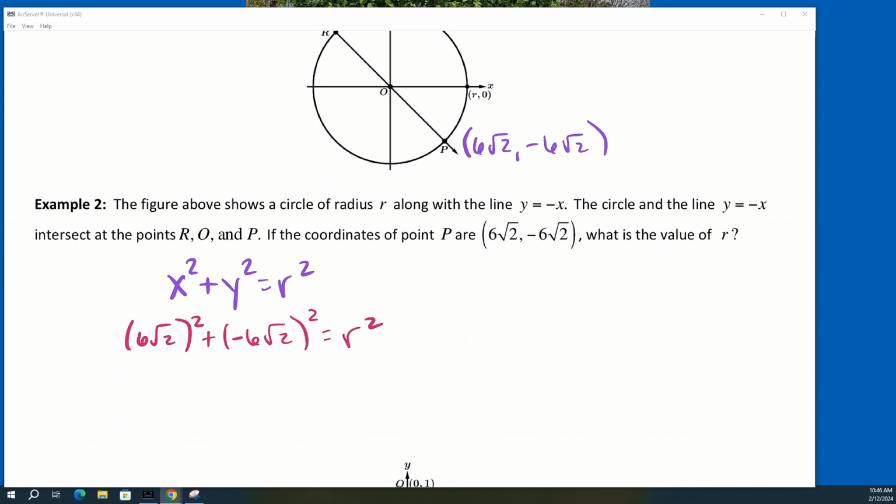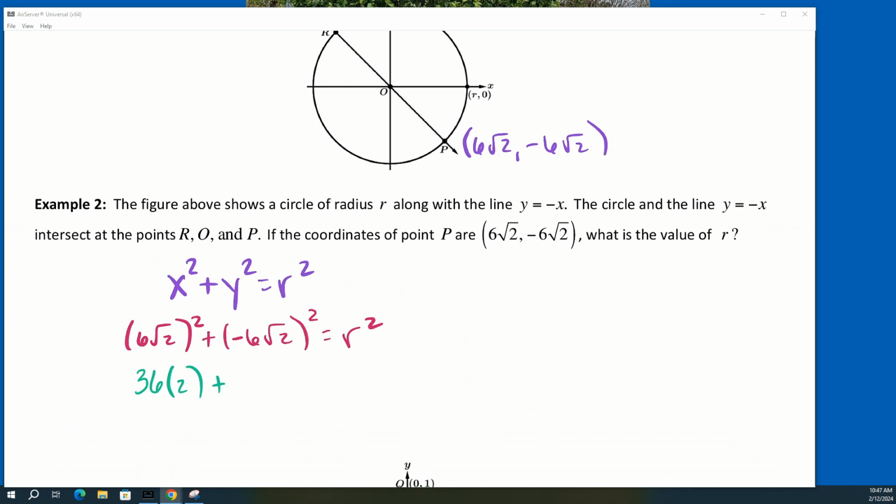And this would probably, I'm guessing, be one of the ones they would want you to do without a calculator. And you don't need one to do this. So when I square 6 square root of 2, you actually square 6. You get 36. What do you get when you square the square root of 2? You get 2.